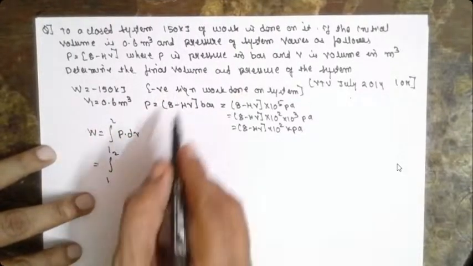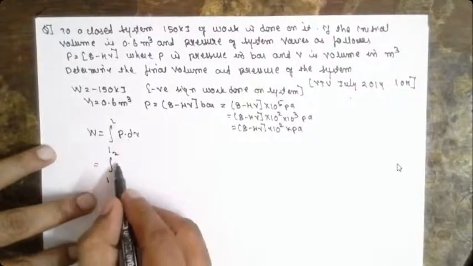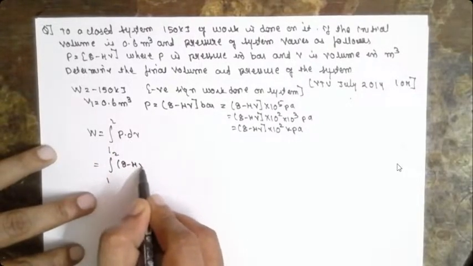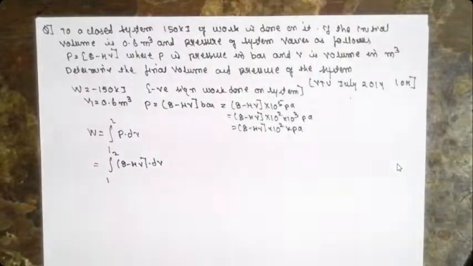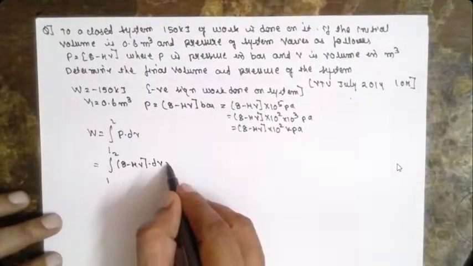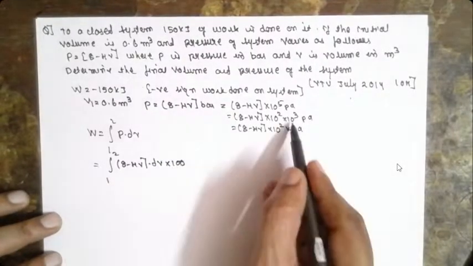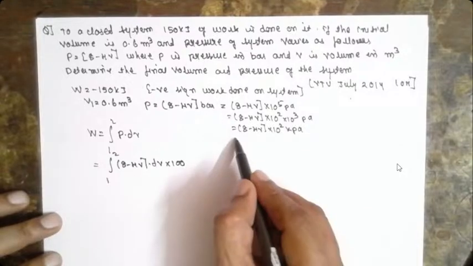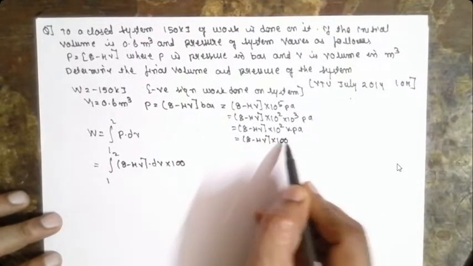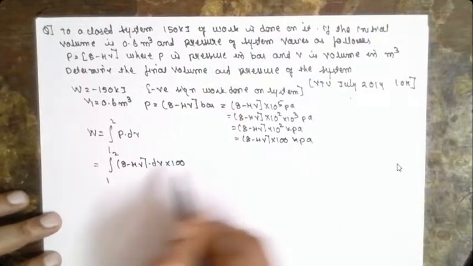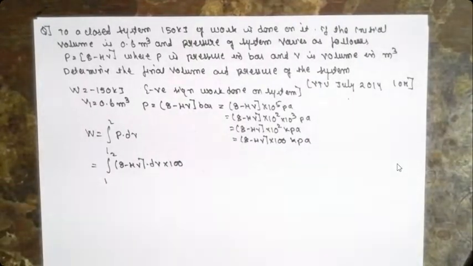Here I am going to consider this value in place of P, 8 minus 4V into dV into 100. This is nothing but 100, 8 minus 4V into 100 kilopascal.